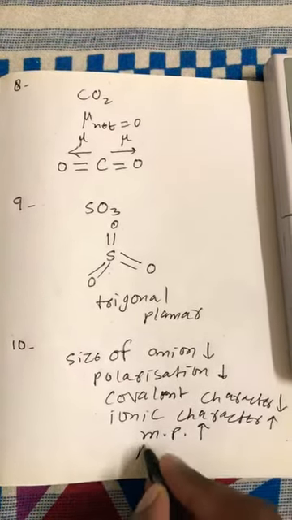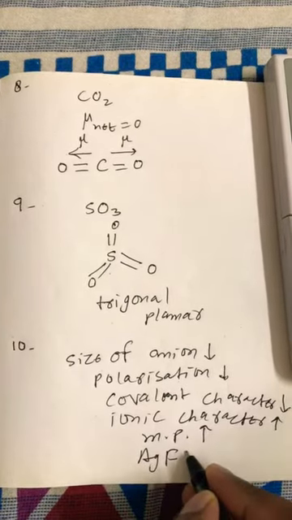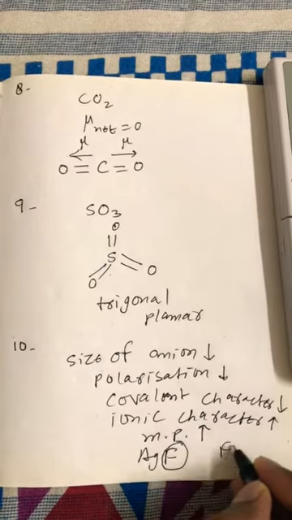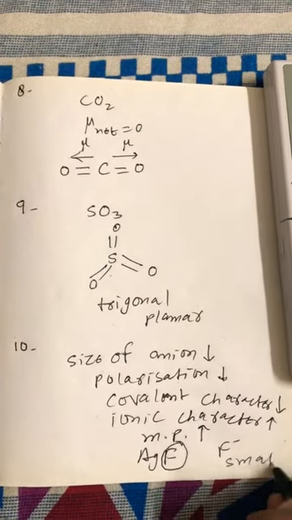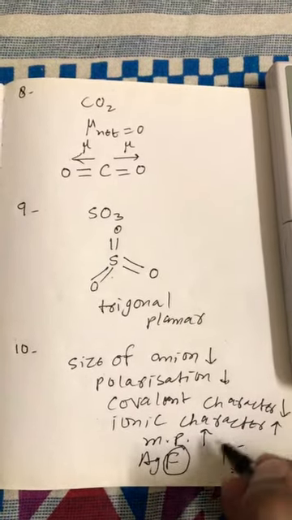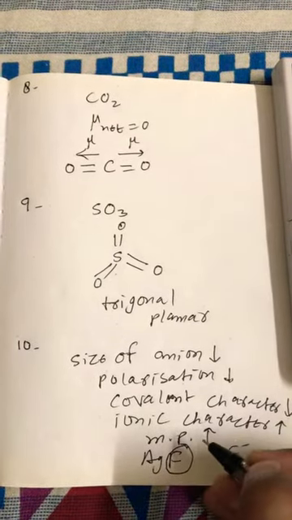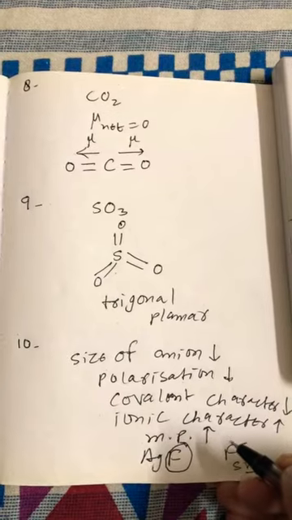Now in this case AgF has smallest F negative, that's why AgF will have greatest ionic character, or we can say highest melting point.